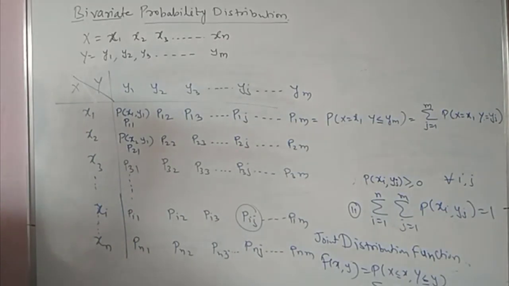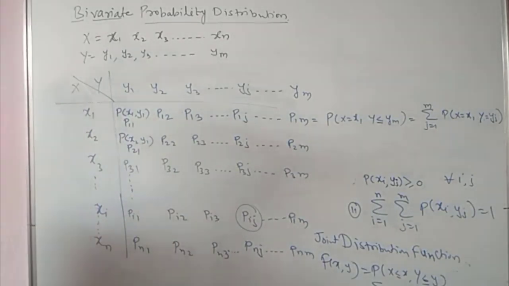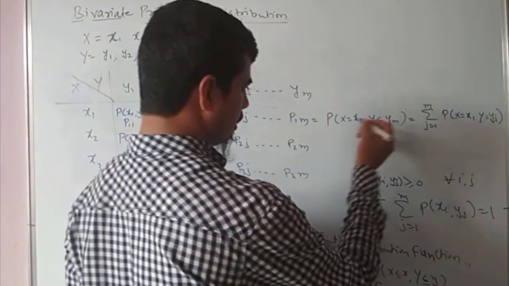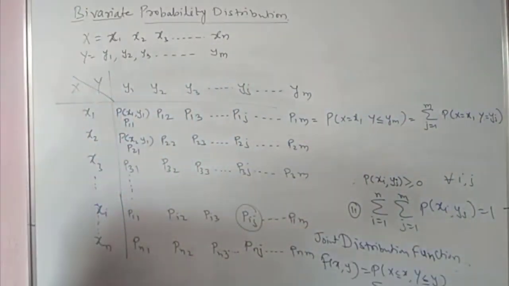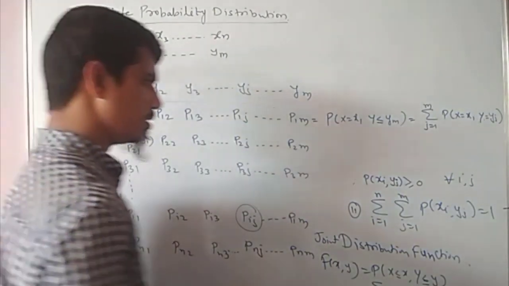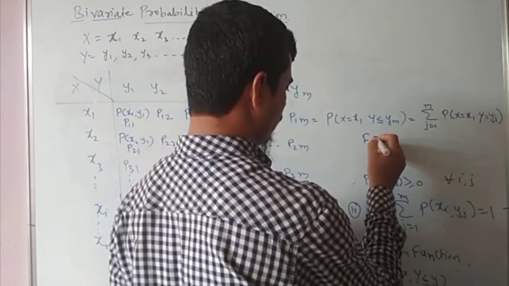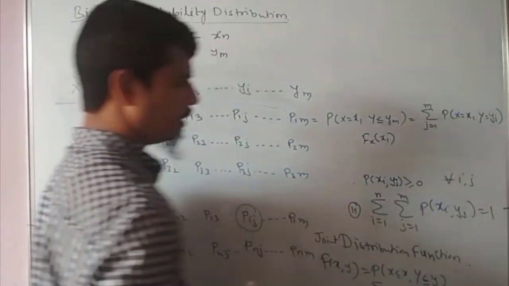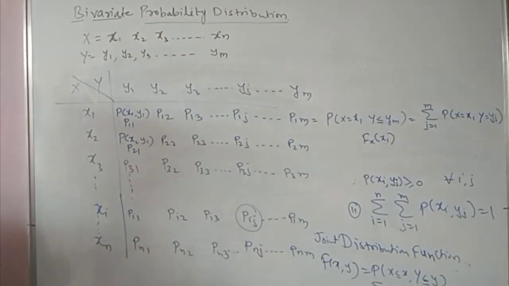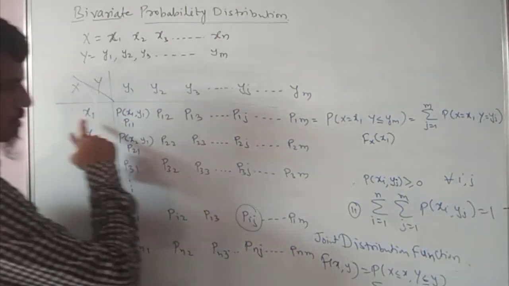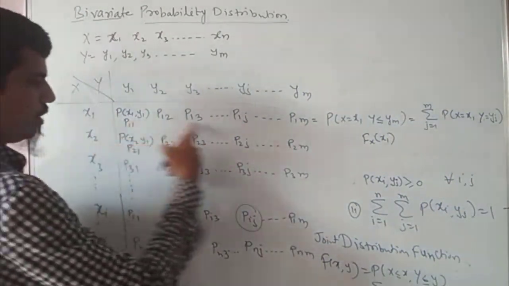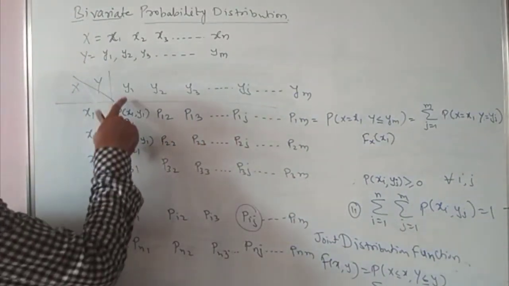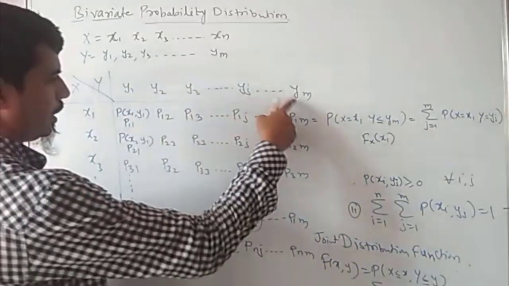This row sum is known as the marginal distribution function. Here x is a constant throughout, the same across the whole row. So we can write it as F of capital X at x1, where x1 is constant; we take the x1 value only for all these, and y ranges from y1 to ym.